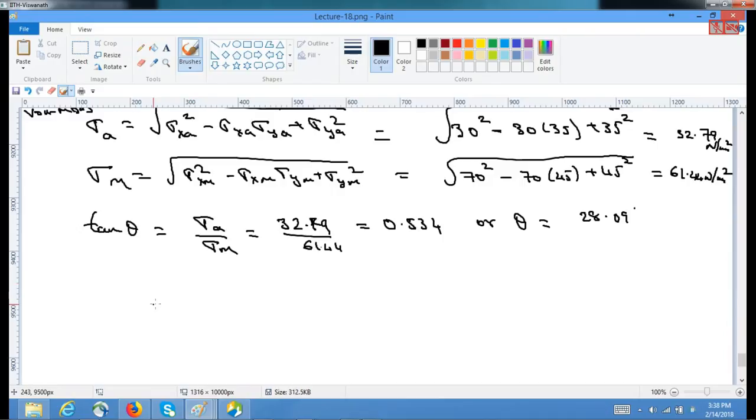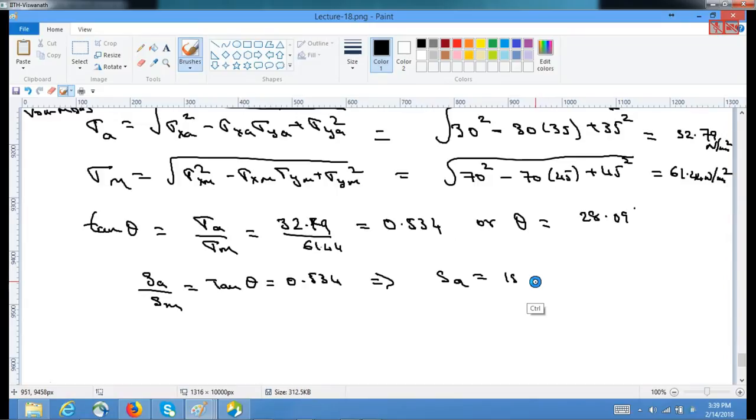So similarly, SA by SM is equal to tan theta, that is 0.534. That implies SA is equal to 0.534 SM.